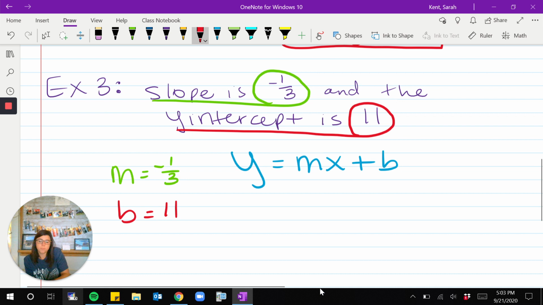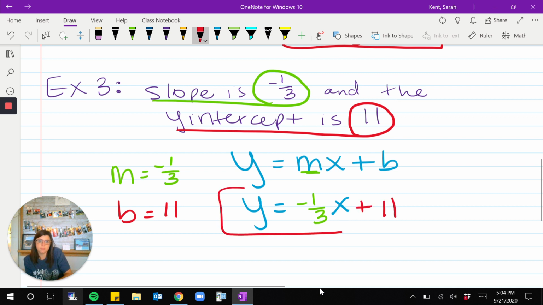So when I go to fill in my equation, y equals, for my m, I'm going to use -1/3 x, and then for my b, I'm going to have +11. And that's my final answer.